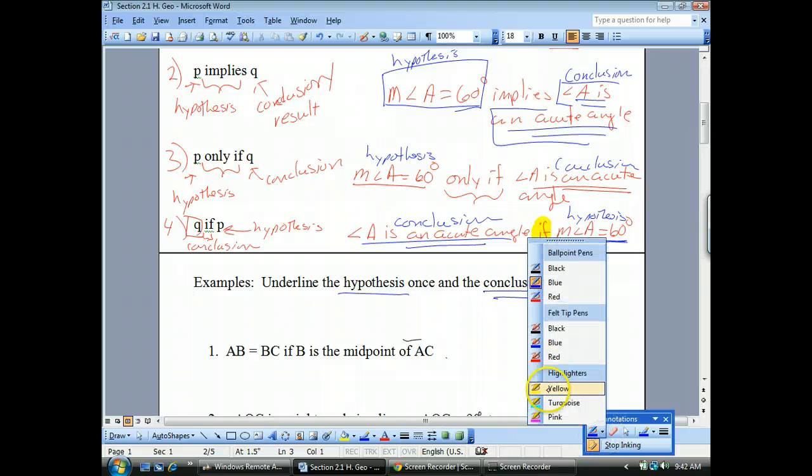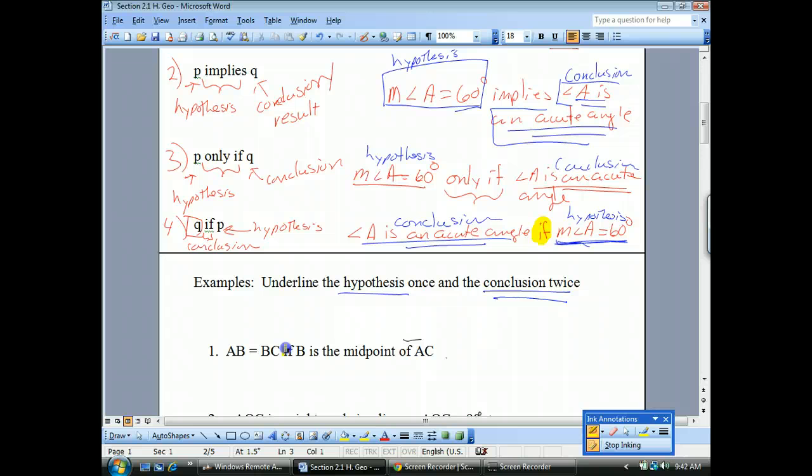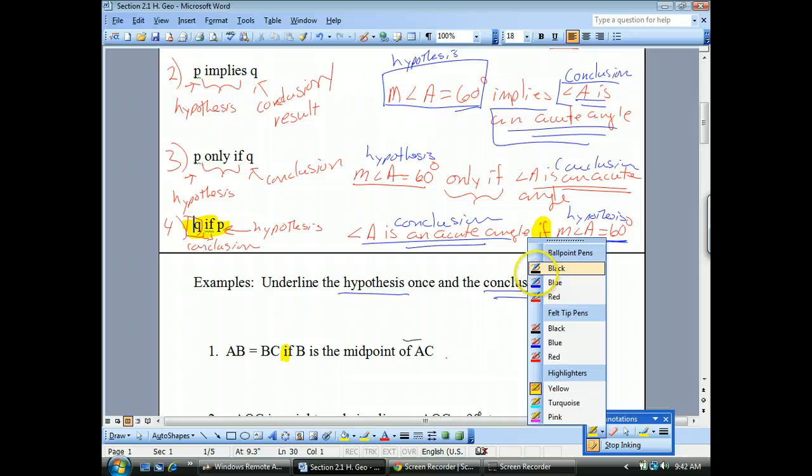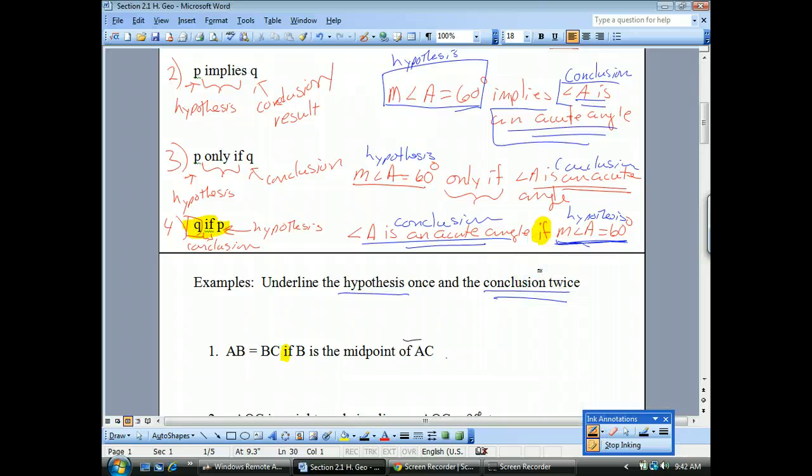The key word is if, so that tells me I'm using the fourth form where it's written backwards. The hypothesis is B is the midpoint, and the conclusion is length of AB equals length of BC.